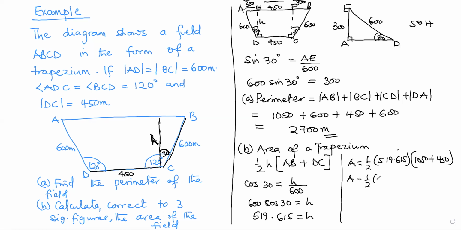So we have half times 519.615, 1050 plus 450 gives us 1500. And so when you put all of them in a calculator, we're going to have half times 519.615 times 1,500 gives us 389711.25.